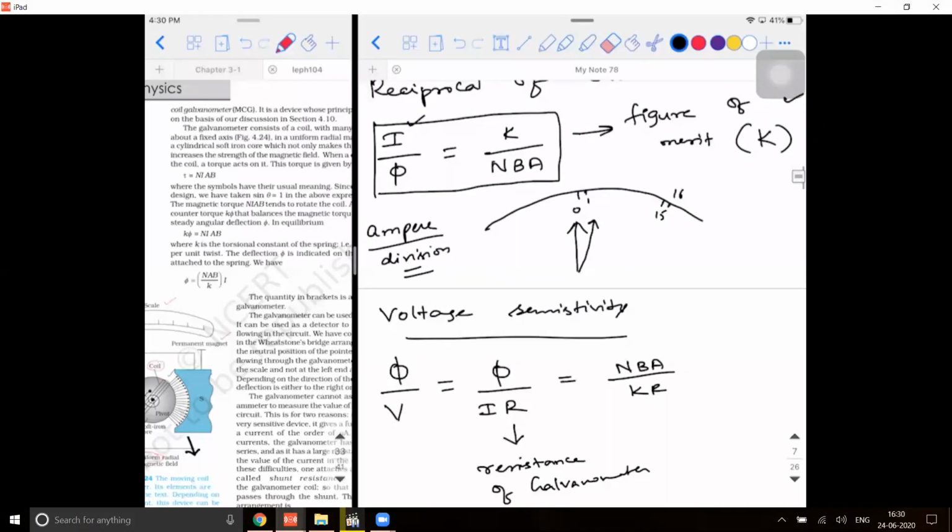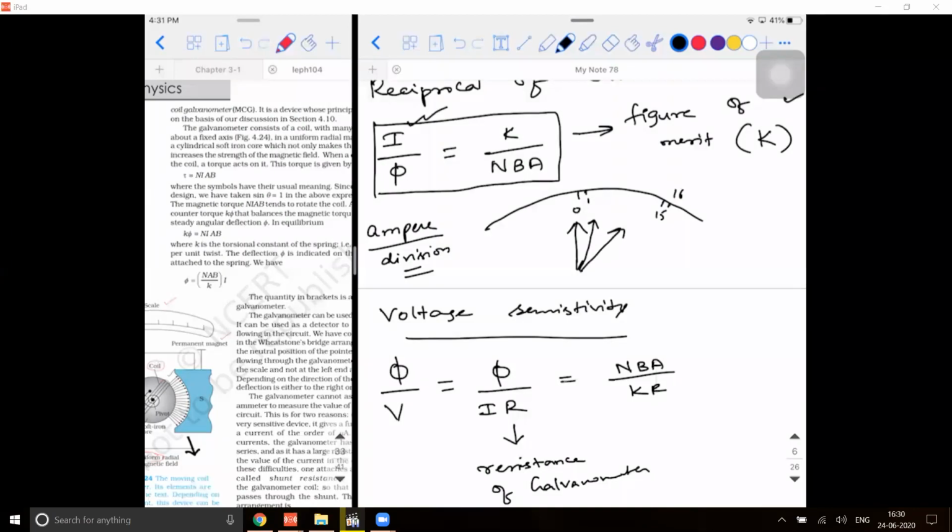Maybe I can rephrase your question: what does it signify? It will tell you how you can control the current such that you are able to make the galvanometer deflect only through particular points. If I want to make it deflect through 2 divisions, then the figure of merit should be 2 times this value.